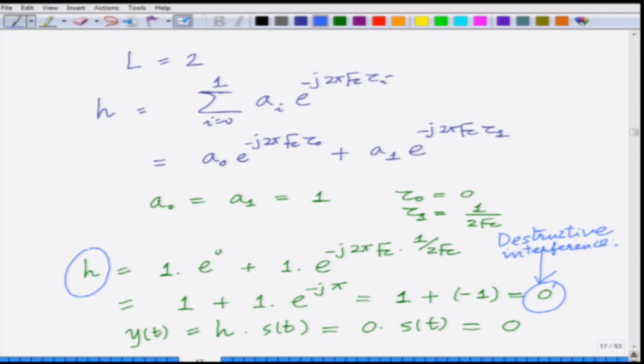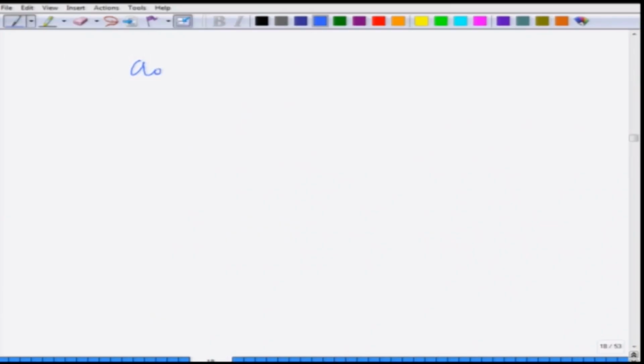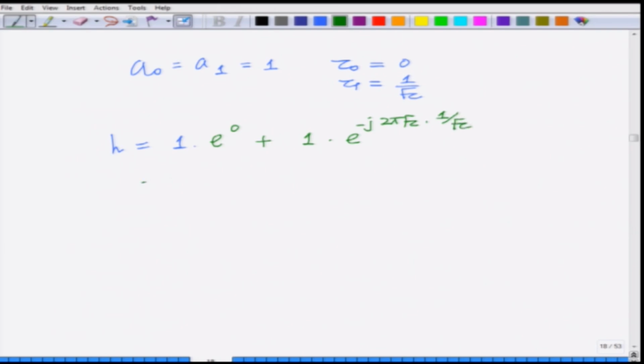Now, consider another scenario where again A naught equals A 1 equals 1, tau naught equals 0, tau 1 equals 1 by f c. In this case, h is equal to A naught, that is 1, times e to the power of 0, plus A 1, which is 1, times e to the power of minus j 2 pi f c times 1 by f c. Now h is equal to 1 plus 1 times e to the power of minus j 2 pi, and e to the power of minus j 2 pi is 1.